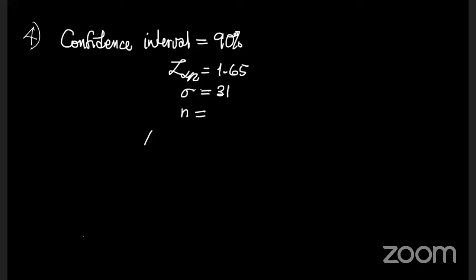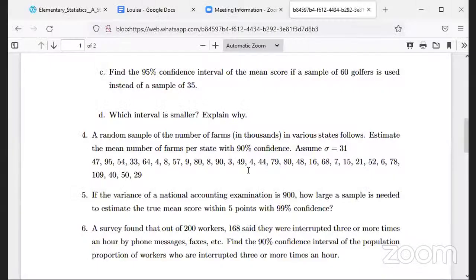The sample size n from question 4, let's count. 1, 2, 3, 4, 5, 6, 7, 8, 9, 10, 11, 12, 13, 14, 15, 16, 17, 18, 19, 20, 21, 22, 23, 24, 25, 26, 27, 28, 29, 30, 31.